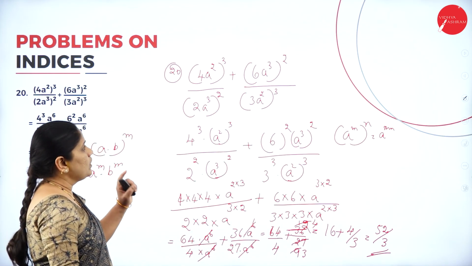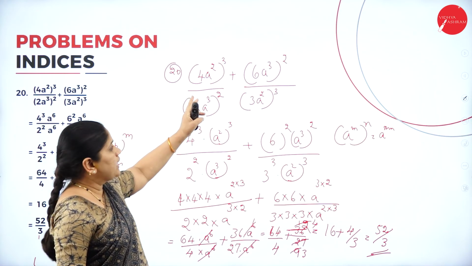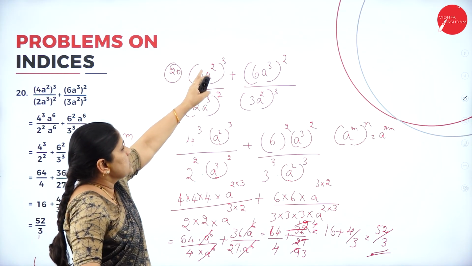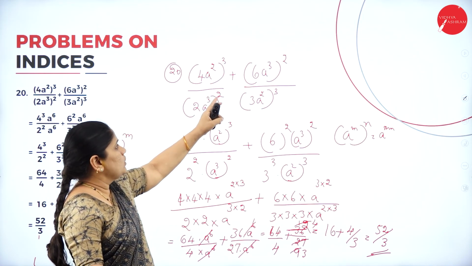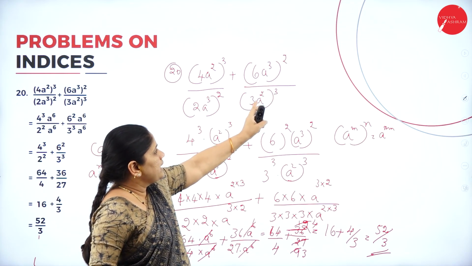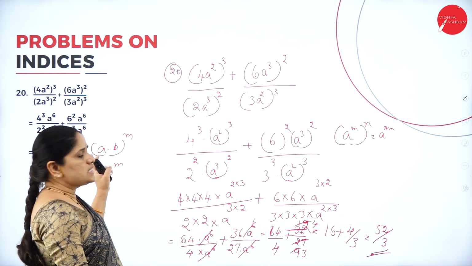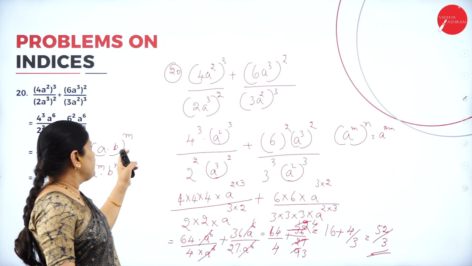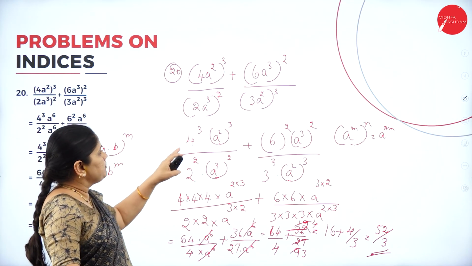So, hope you have all understood this session here. If you want, I'll give you a repetition here. So, (4a square) the whole cube divided by (2a cube) the whole square plus (6a cube) the whole square divided by (3a square) the whole cube. So, when I use this law of indices, (ab) to the power of m will be a to the power of m into b to the power of m.